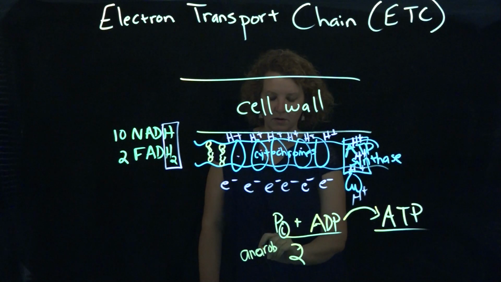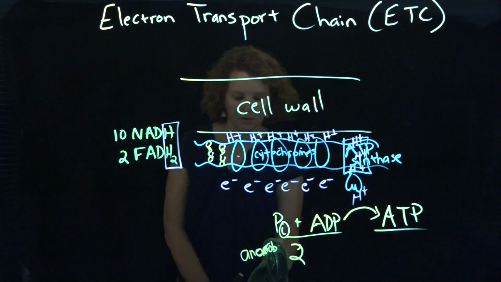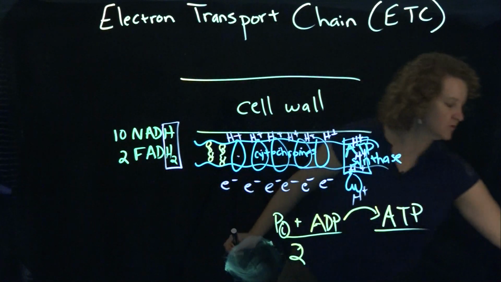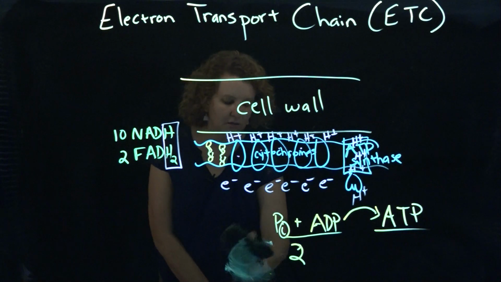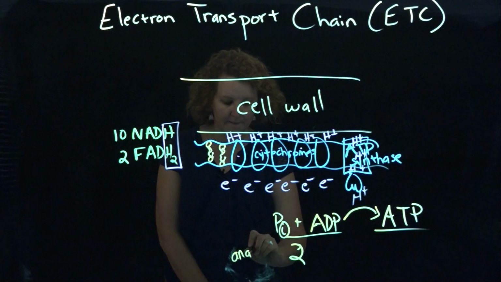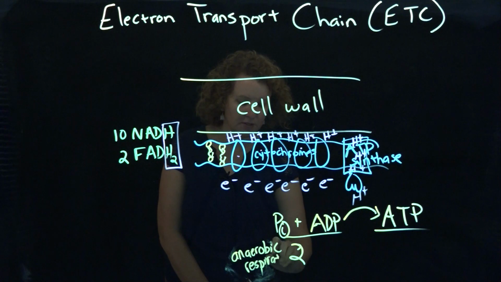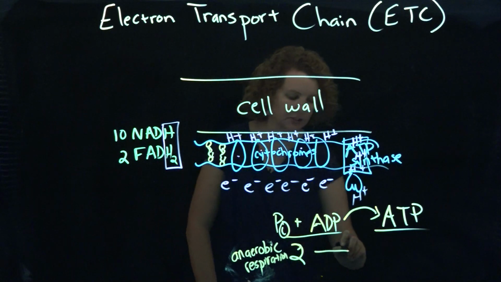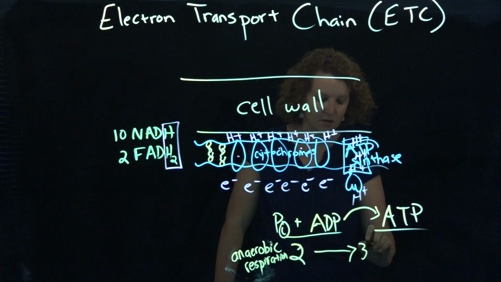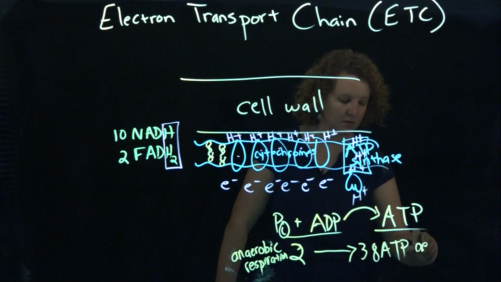And I cannot spell anaerobic today. Let's try that one more time. So anaerobic pathways can be at that lower end, but they can be higher as well. But the highest one most likely is going to be your aerobic respiration in most cases.